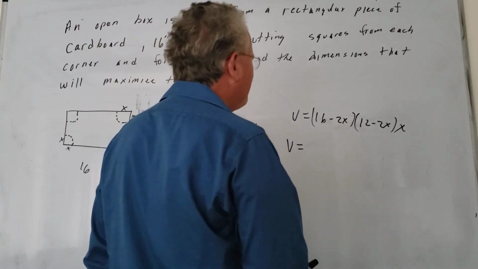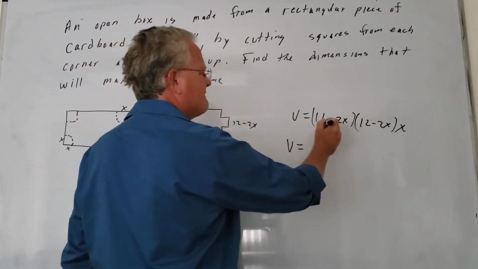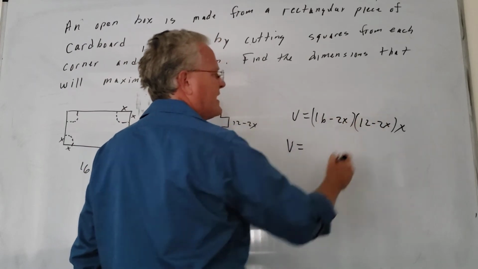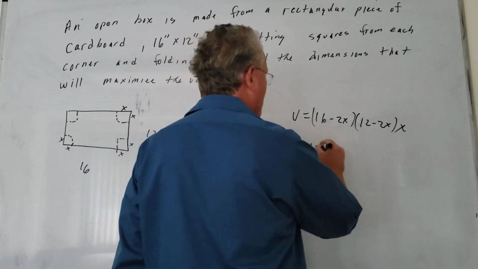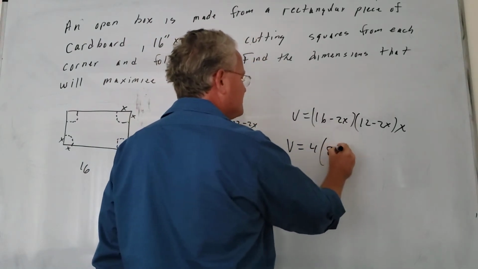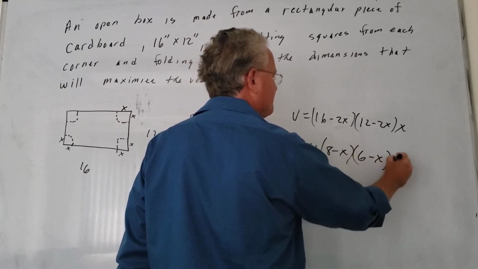So let me first start by factoring out some constants here. I can factor out a 2 here, and I can factor out a 2 here, and 2 times 2 gives us 4. So that gives us 8 minus x, and this is 6 minus x.